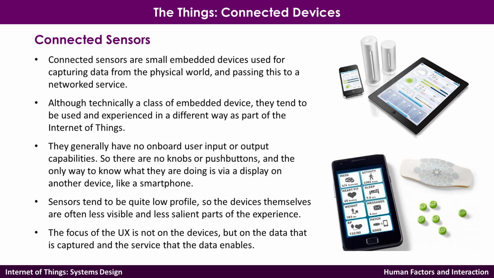You can deploy them around the cities to identify noise pollution or air pollution, or it could be something that you take as a pill and then you try to monitor inside your body. So there are many uses of these connected sensors where the sensing is a key component of the IoT application.